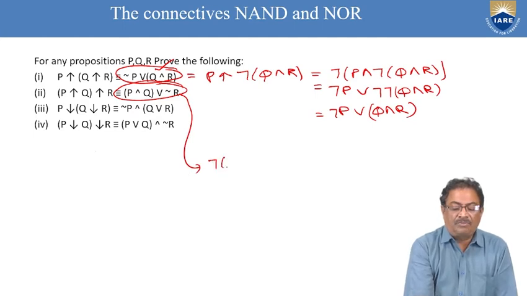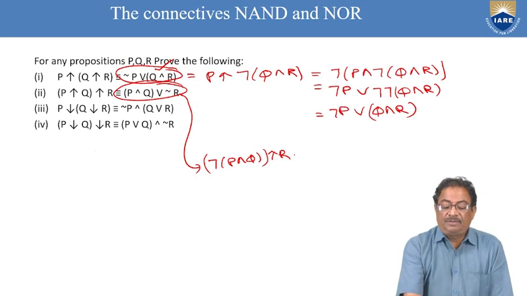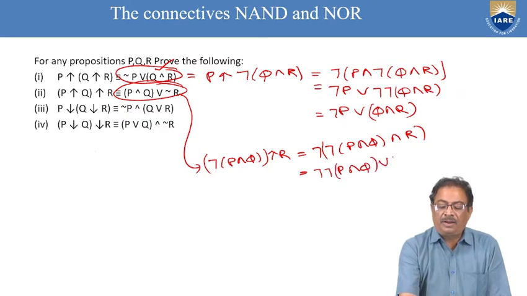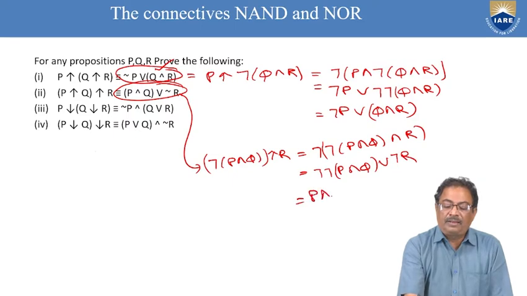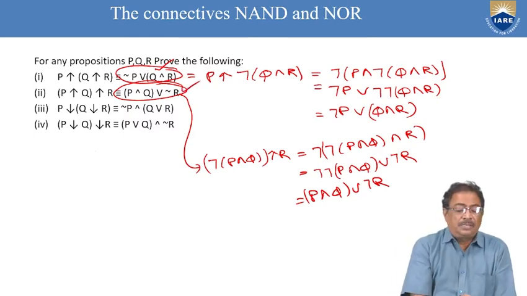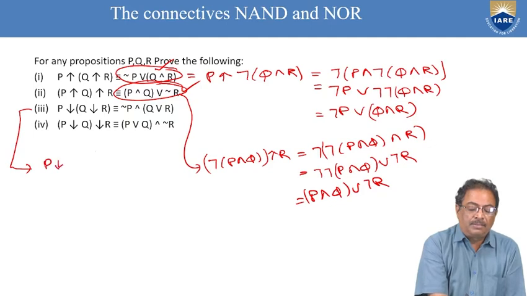So first I am taking negation of (P and Q), NAND R. Which is equal to, once again applying the same thing, double negation of (P and Q) and R. Now sending negation inside, it becomes P and Q, or negation of R. Suppose you concentrate on this one, the NOR operation, P NOR (Q NOR R).